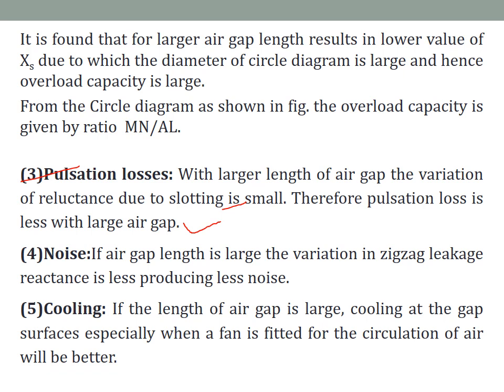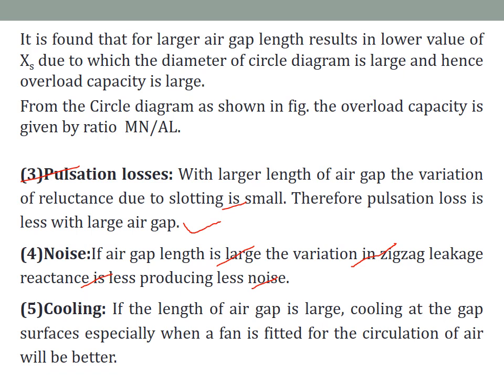Now coming to noise. If the air gap length is large, the variation of zigzag reactance is less, producing less noise. You might have heard some humming sound when a motor runs. That is because of the variation of zigzag leakage reactance. If air gap length is large, the variation is less and you will get less sound.